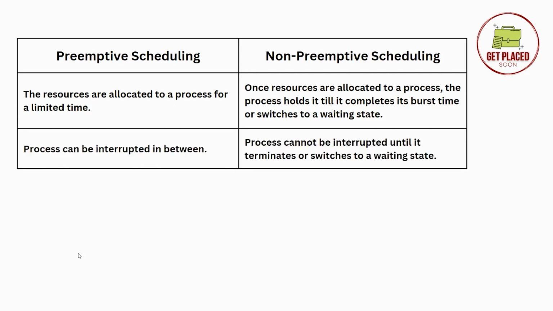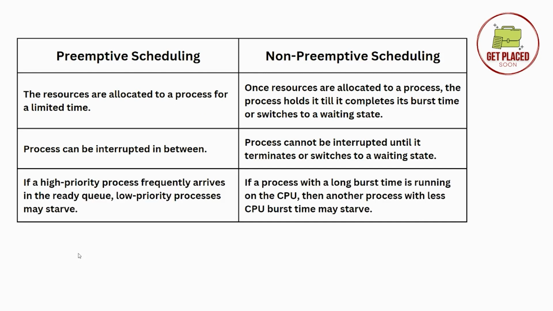Moving ahead, in preemptive scheduling, the process can be interrupted in between. In non-preemptive scheduling, the process cannot be interrupted until it terminates or switches to the waiting state. Moving ahead, in preemptive scheduling, if a high priority process occurs, like if process A is running and process B has high priority and it wants to run, then the low priority process will be stopped.